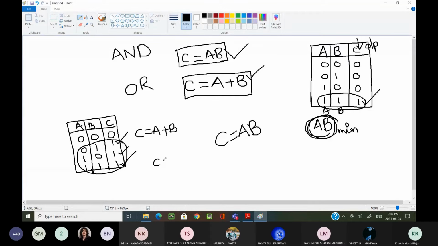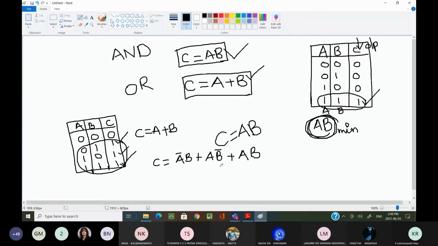Now see here what I am writing. C equal to A bar B plus A B bar plus AB. Wait a minute.